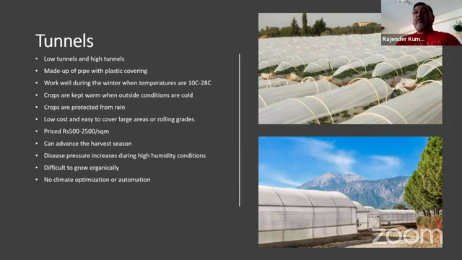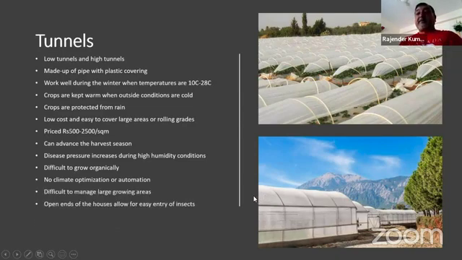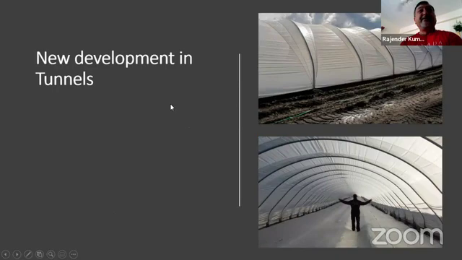If you are doing climate automation, it is very difficult to do in such a large area if you have multiple tunnels. Because some areas in these tunnels are open, there is insect pressure also, as they may enter from the sides. And there is again the risk of losing the structure during high wind periods.